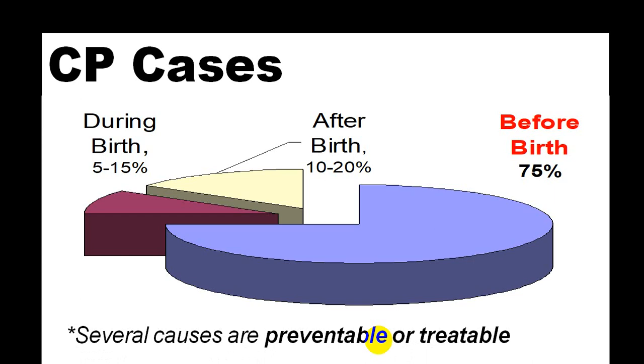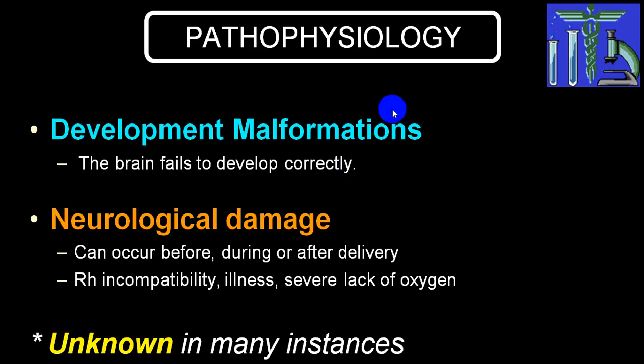Certain causes are preventable and treatable, and they should be taken care of. As far as the pathophysiology is concerned, during the antepartum period, factors in the mother can predispose to maldevelopment. Another factor which may be responsible is a genetic factor.